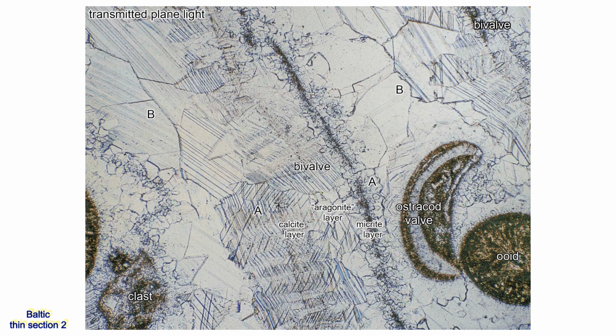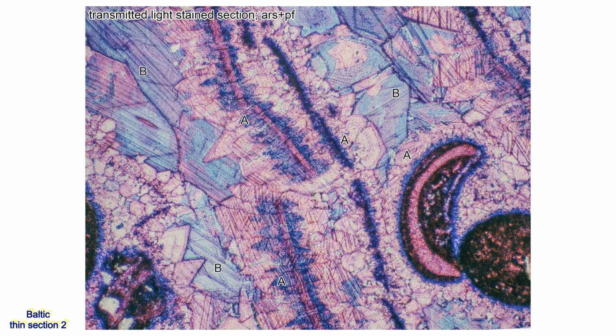Now, the magic that staining brings to this thin section. The bivalve's prismatic layer and the ostracod valve stain pink. Cement A, growing from the outer surface of the bivalve's calcite crystals into intergranular pores, is divided by the stain into three increments.